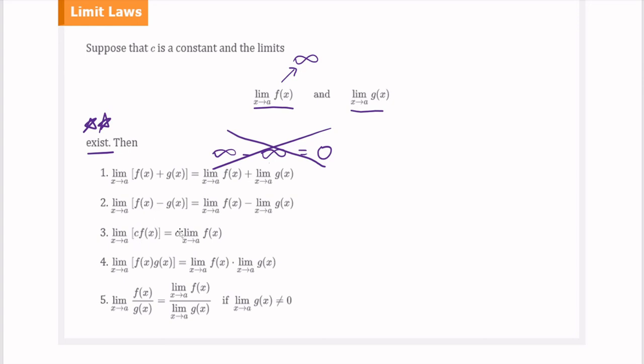I could just take that number out. If my function is heading towards 2, the y value 2, but I'm multiplying that function at every step by 5, then that 5 being multiplied, that constant, I can move out. My function goes to 2, the 5 comes back in, multiplies, and brings me to 10. So hopefully it's not too bad to convince yourself that the constant rule makes sense.